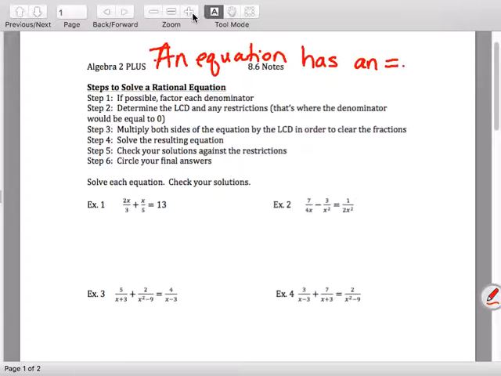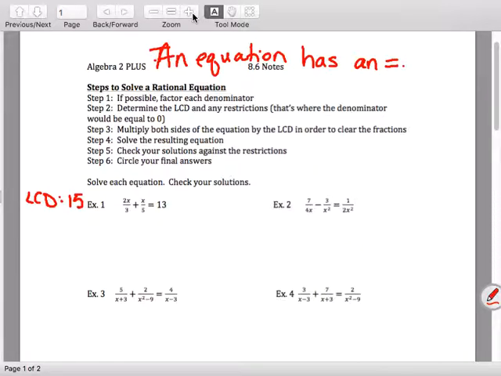So step 1, if possible, factor each denominator. Okay, so let's look at example 1. There's no factoring. Step 2, determine the LCD and any restrictions. And I put in parentheses, that's where the denominator would be equal to 0. So in example 1, what is the LCD? 15. Okay.